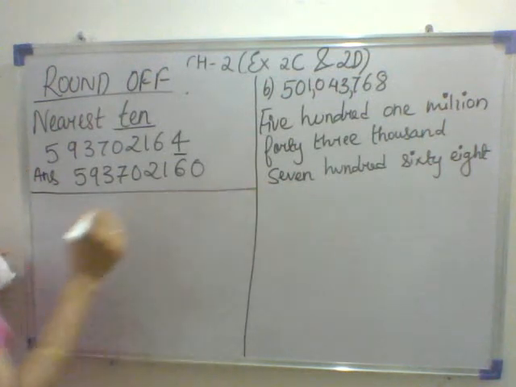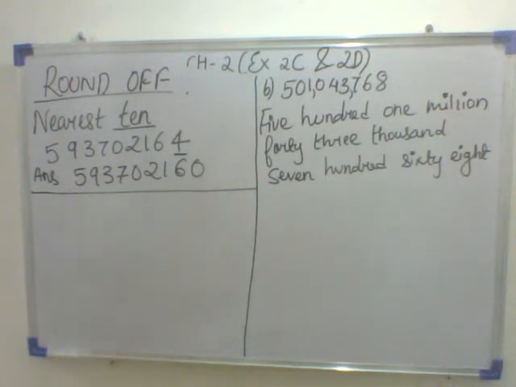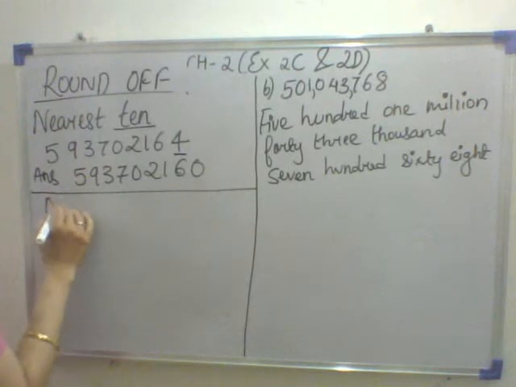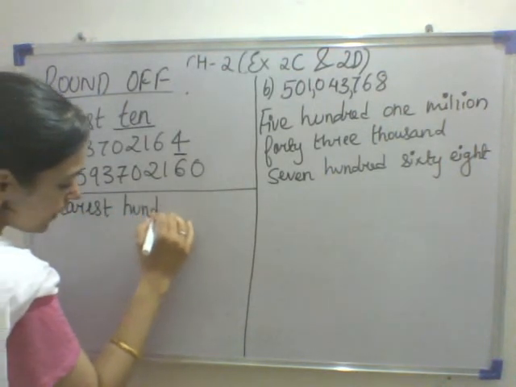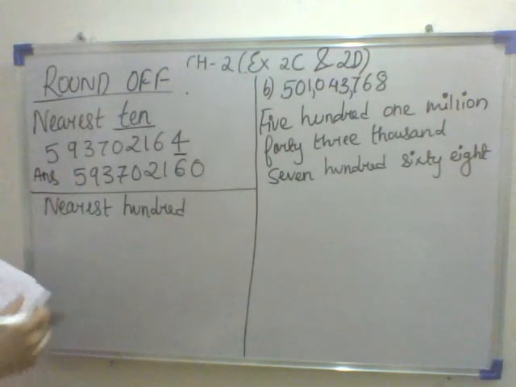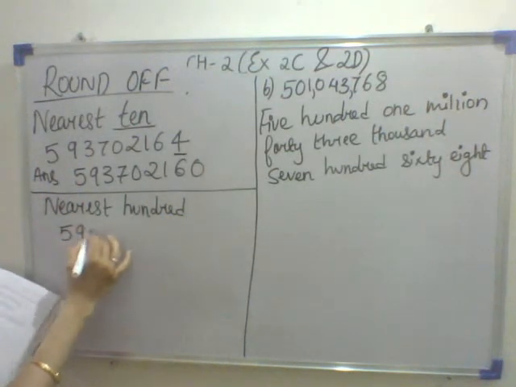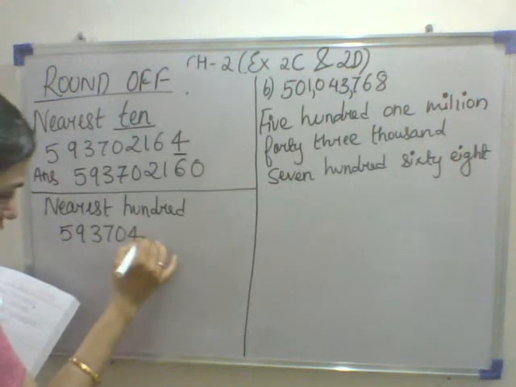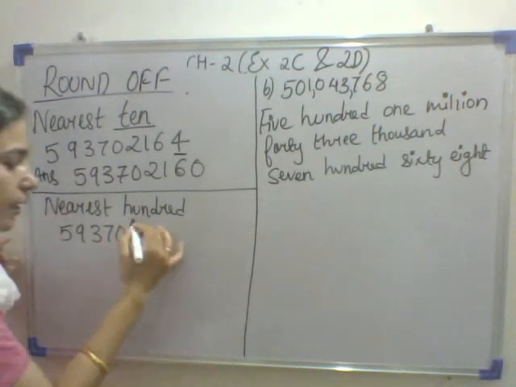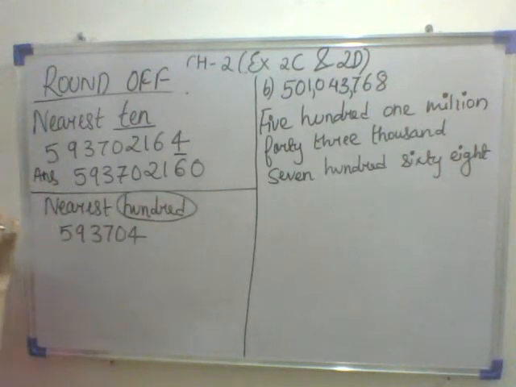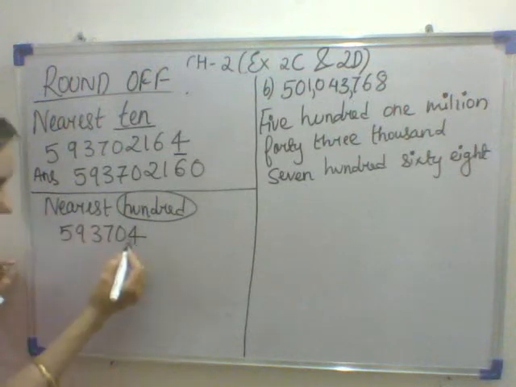The next, you have to round off the number to the nearest 100. The number given was 59370. Here it is 100, so you will look at the digit at the tens place.